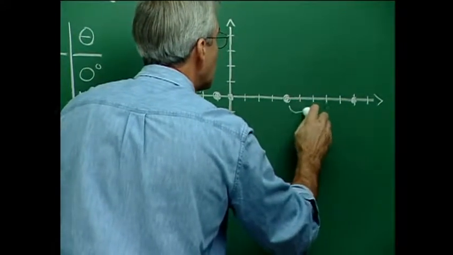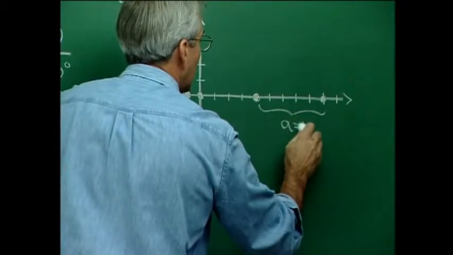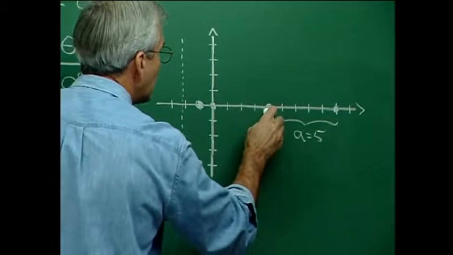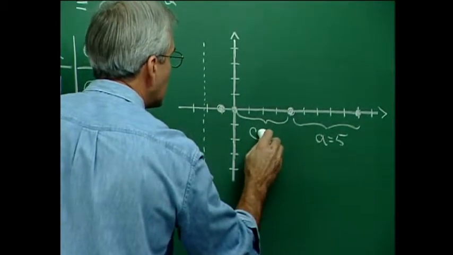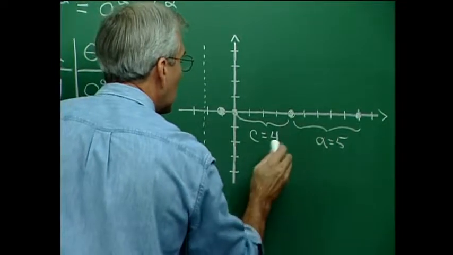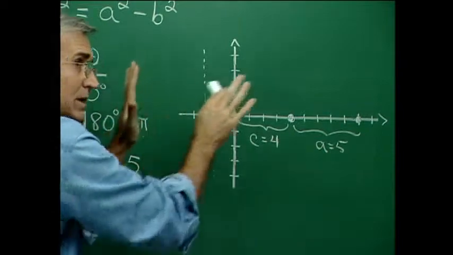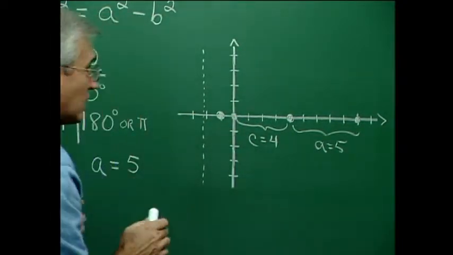So we know this distance is A. We know the distance from the center to a focus point, C, is 4. We can easily calculate the value of B using our A squared, B squared, C squared relationship.